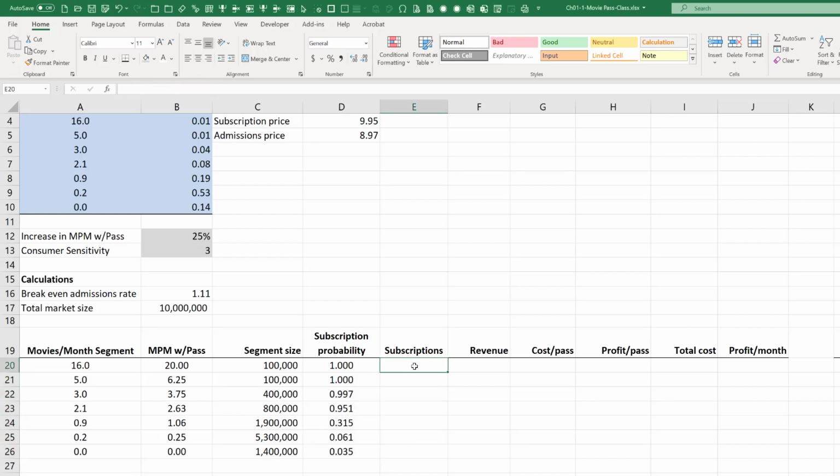Okay. Then the number of subscriptions will be, for each segment, how big the segment is, multiplied by the probability. So it will be like the expected number of subscriptions. So you take the segment size and multiply by the probability.